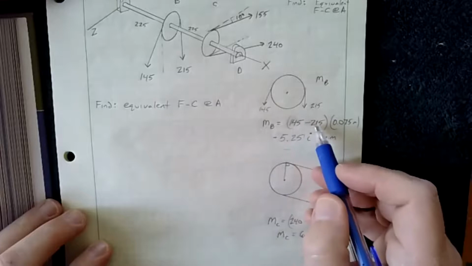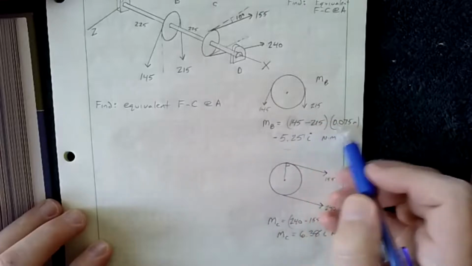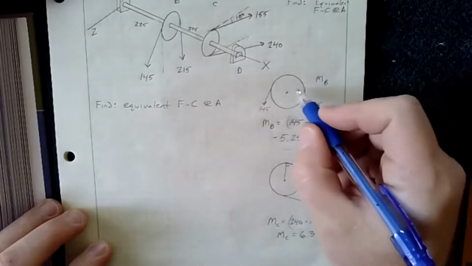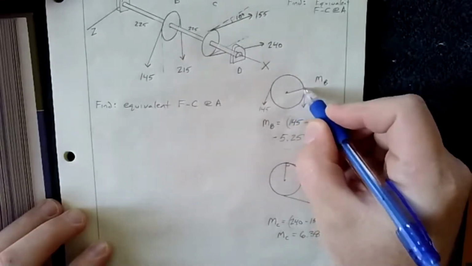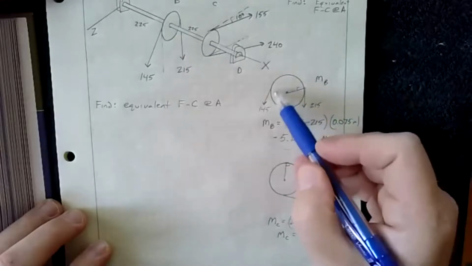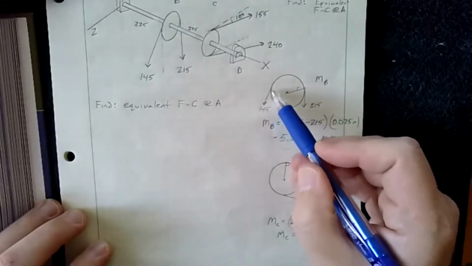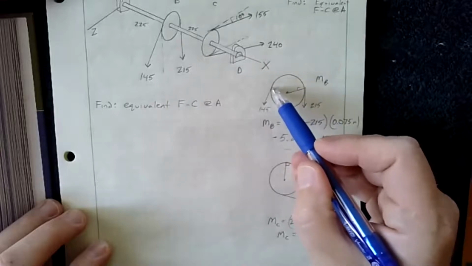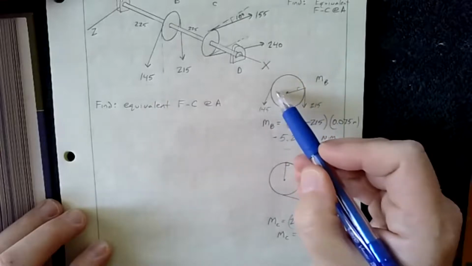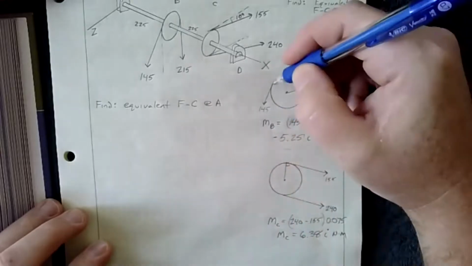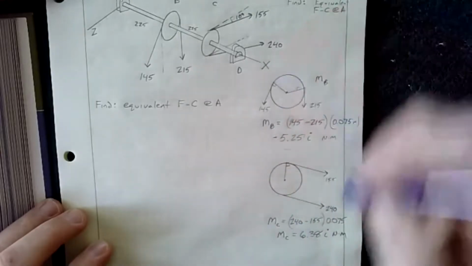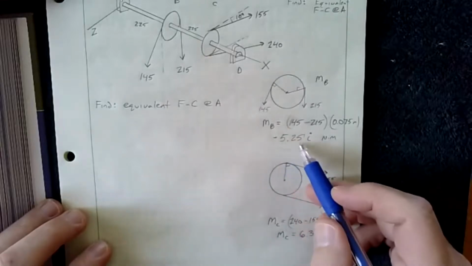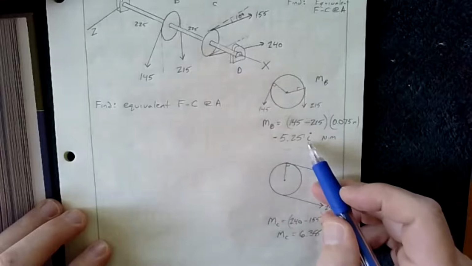So we take that minus that because they're opposing, and we multiply it by the radius. The radius is 75 millimeters. It doesn't matter that there's an angle here because the belt has to leave the pulley at a 90-degree angle, which means it's in contact. So even if that's up here, it doesn't matter as far as the moment goes. So for this one, we get negative 5.25 in the i direction.